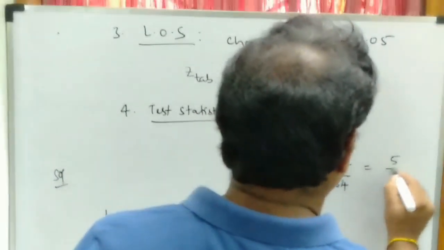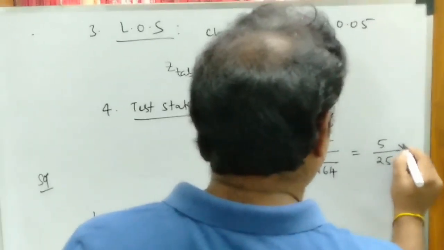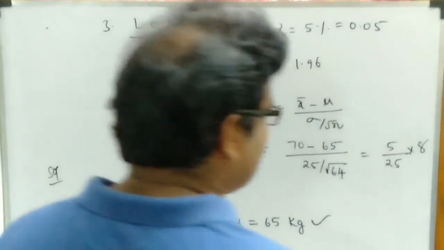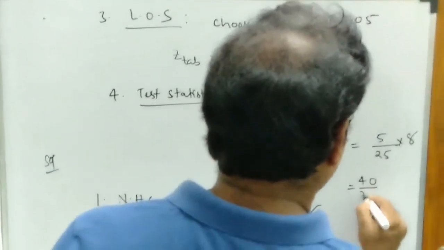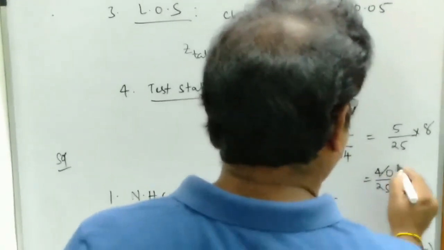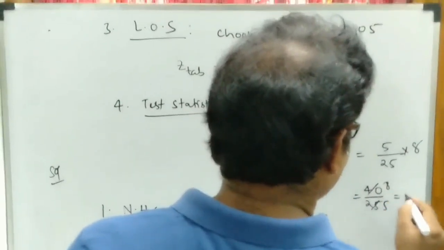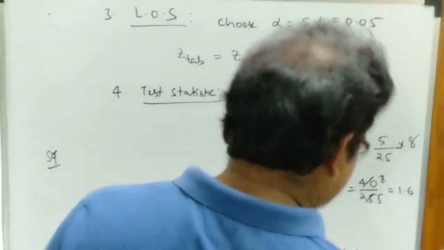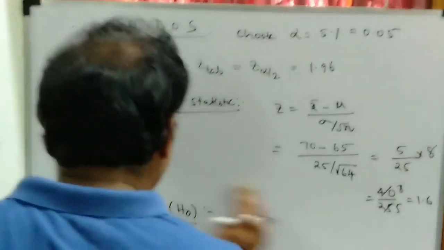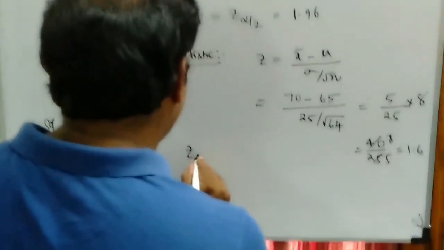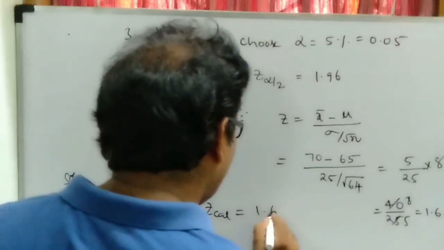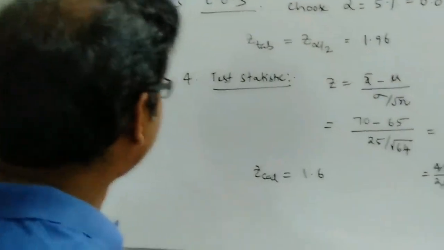That is 5 by 25 into root 64, that is 8, so 40 by 25. That means 1.6. Z calculated value is equal to 1.6.